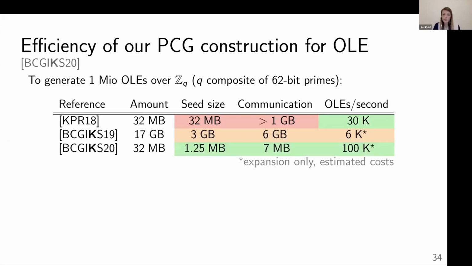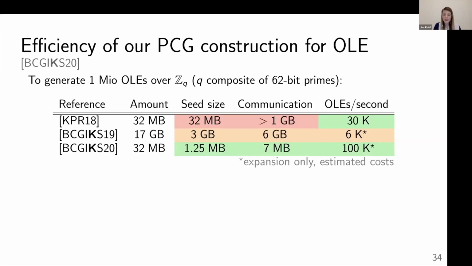But with this new approach, even for just 1 million OTs, you get down to approximately 7. This is very estimated, but just to give you an order of magnitude, you get even less communication than the amount of triples you want, and reasonable efficiency.